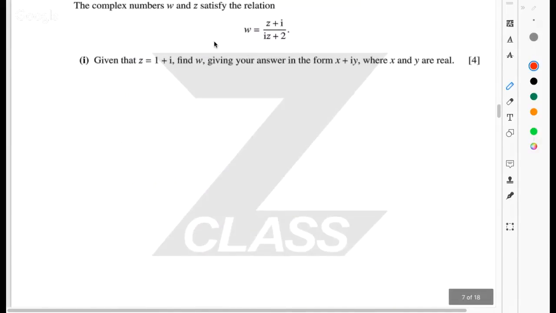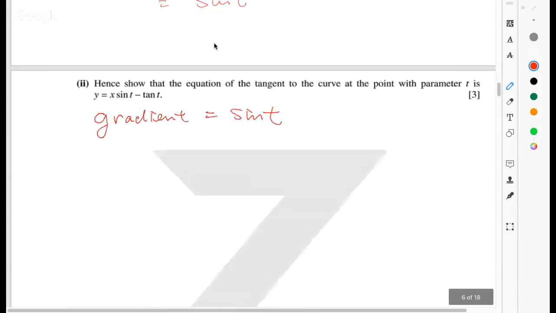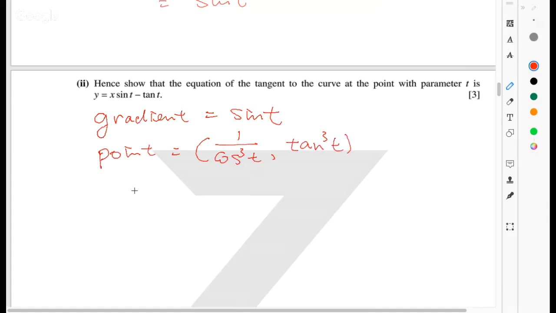So the point is equal to 1 over cos cube t, tan cube t, and then we can set up the equation that y is equal to mx plus c.